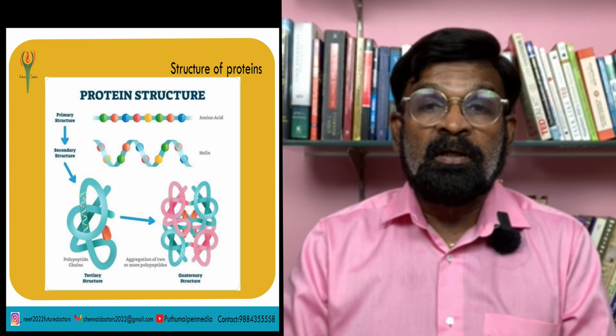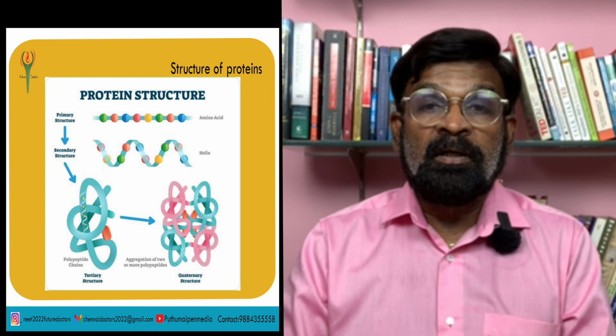A protein is imagined as a line whose left end is represented by the first amino acid, also called the N-terminal amino acid, and the right end is represented by the last amino acid, called the C-terminal amino acid. Example, insulin, ribonuclease. Just remember insulin.